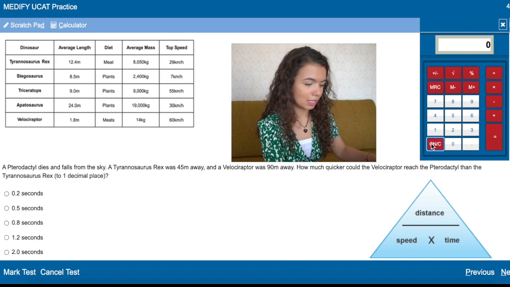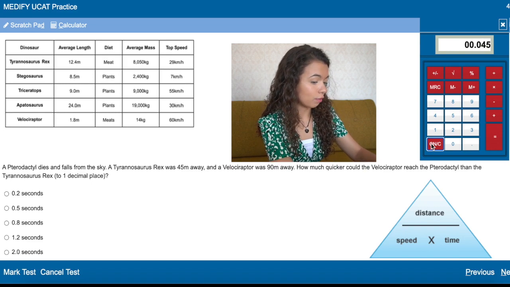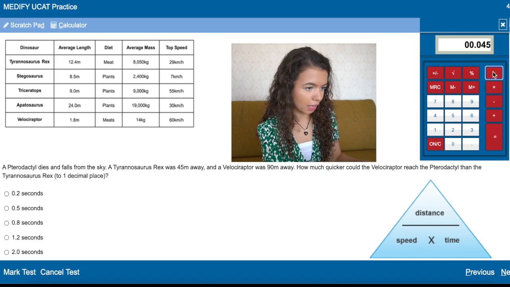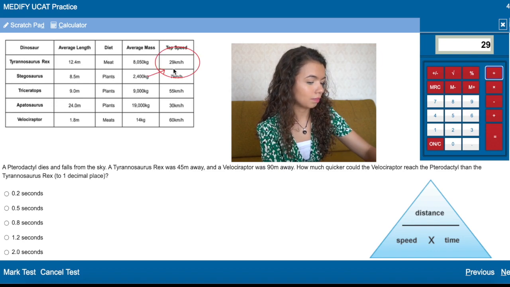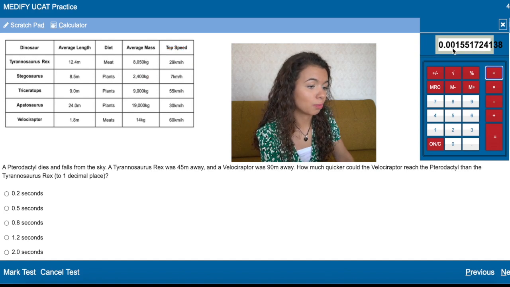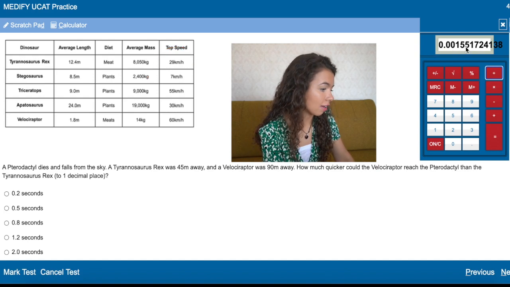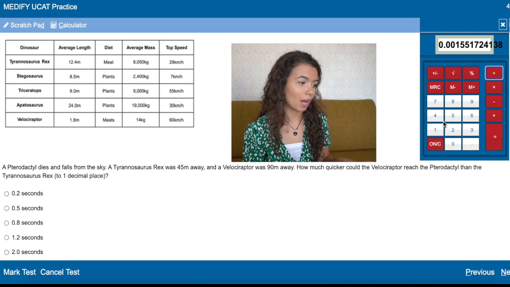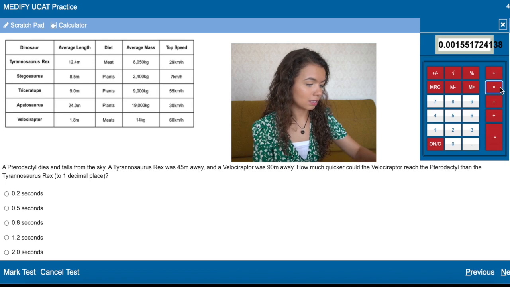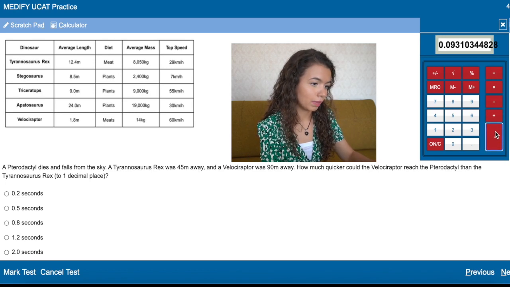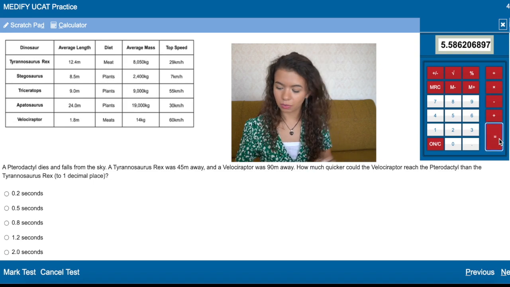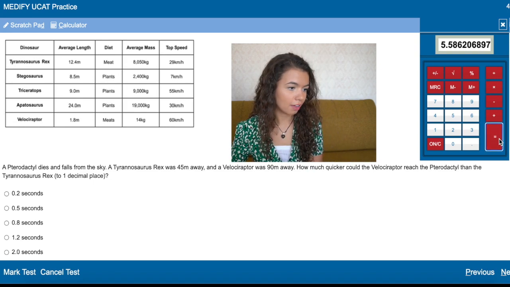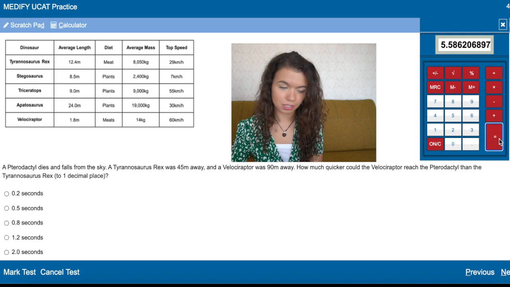We said that the distance is 0.045 divided by speed, which is 29, and the answer we get is 0.00155. Now remember that this value is in hours, so we're going to multiply it by 60 to get it in minutes, and by 60 again to get it in seconds. So we have 5.586 seconds for the T-Rex.